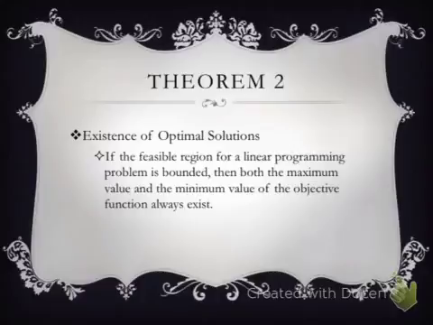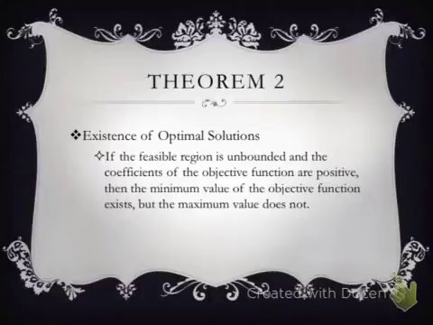The first point is if the feasible region for a linear programming problem is bounded, then both the max value and the minimum value of the objective function always exists. So a bounded feasible region is the easiest one to solve and to figure out, because you know you will always have a maximum value and a minimum value that you can find.